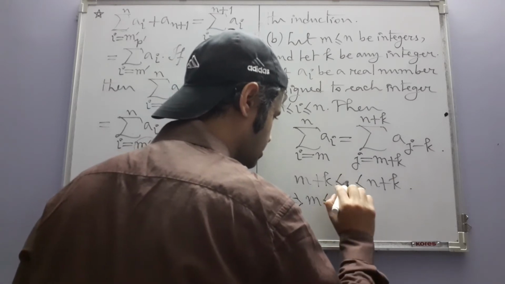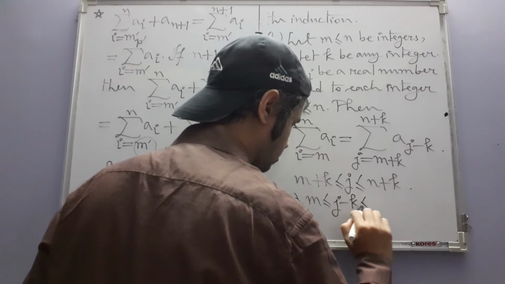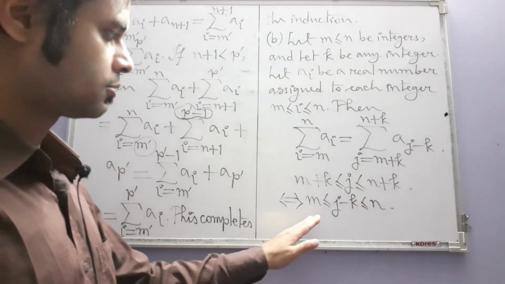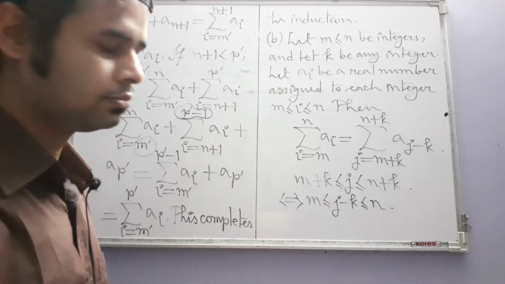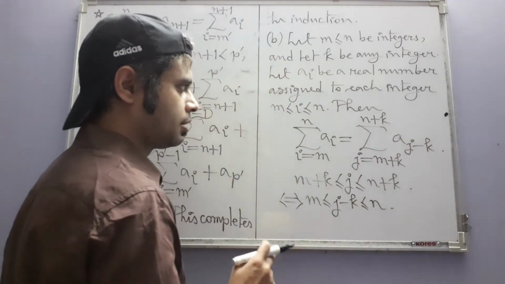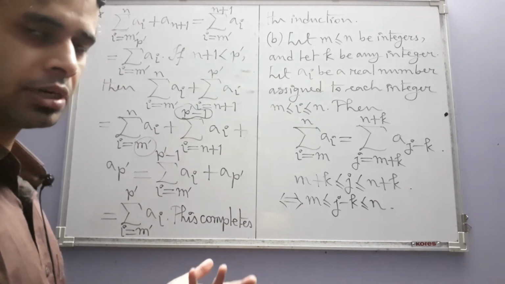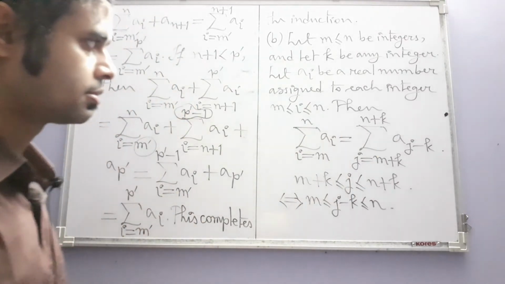Oh, sorry, this is j. So j minus k in fact is just like i. So these a_(j minus k)'s are nothing but the original a_i's, and that is why you can clearly see this thing is equal to this.